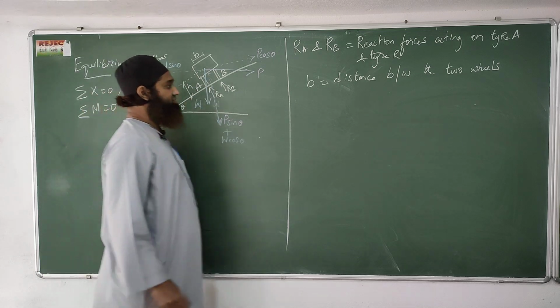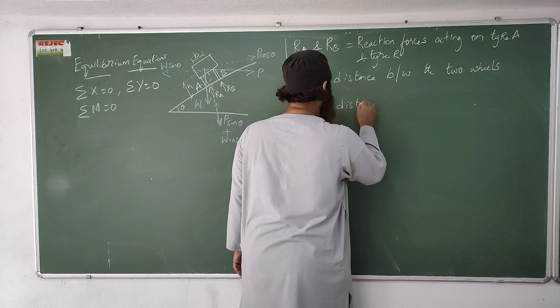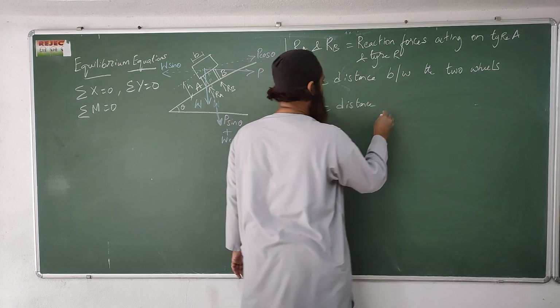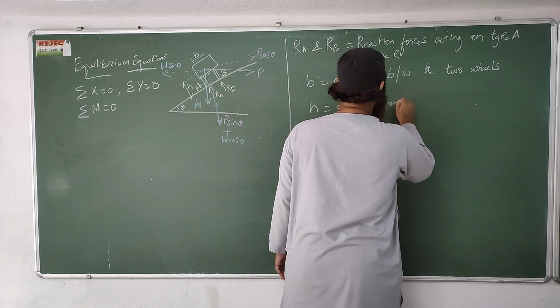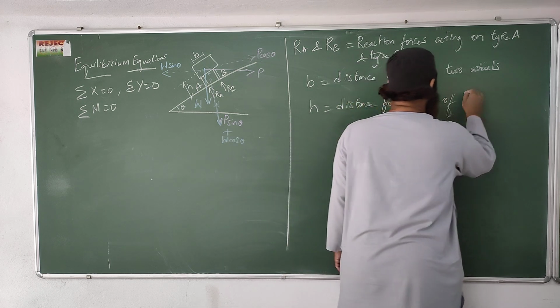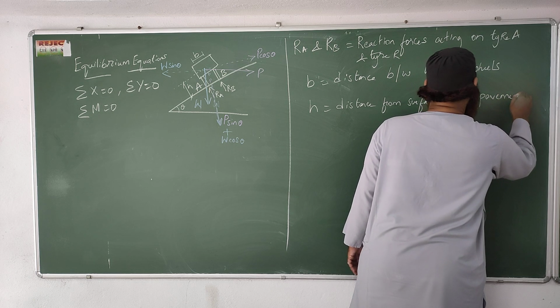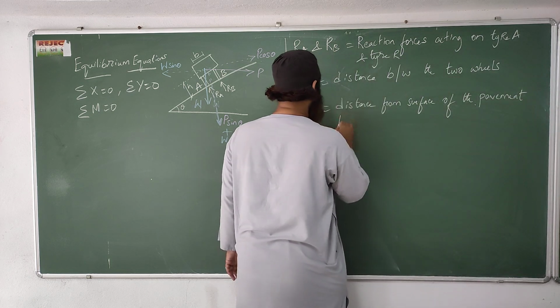And let us see H, the distance from the surface of the pavement to the center of the vehicle.